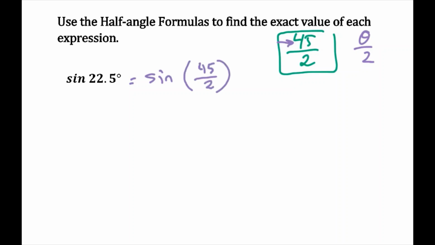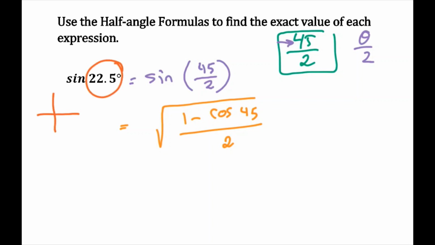Again, theta is my 45. So that's going to be equal to square root of (1 minus cosine theta, which is 45) over 2. Is it positive or negative? Well, the angle 22.5 is less than 90 degrees. So it's in quadrant 1. So this angle is in quadrant 1, sine is positive.